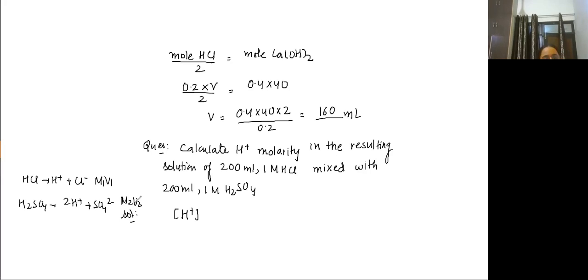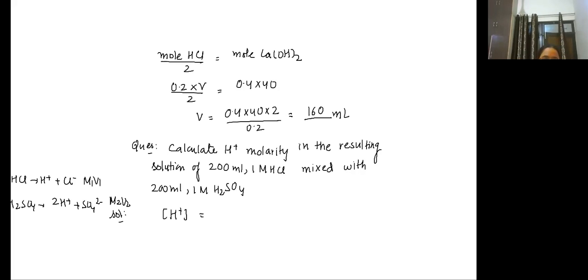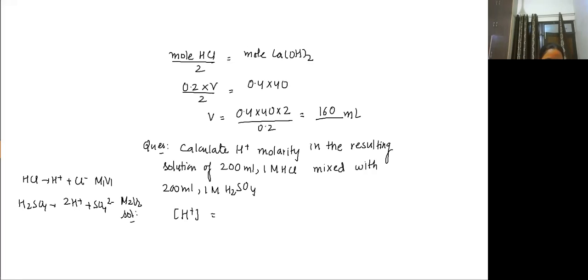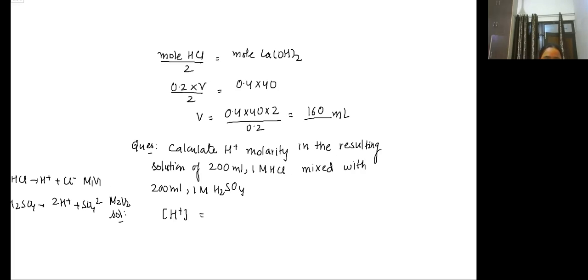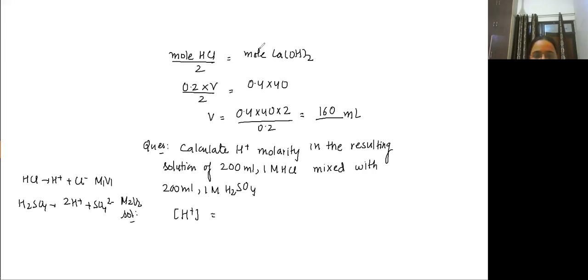Which formula will you apply? Very good, Lahari. Good, Akshita.